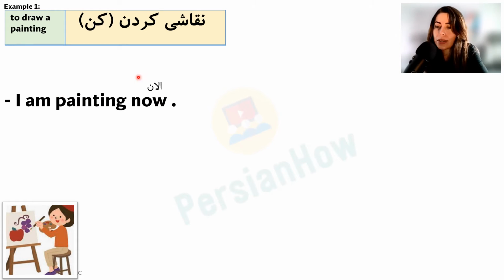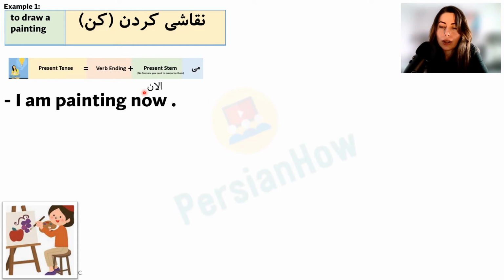So now we said it's الان, and if you don't remember how to form present tense, let's review it here. We need the prefix می plus the present stem, which is in the brackets, plus the verb ending. The subject is I, so we need to conjugate it to I, which is من. And then we have present tense.